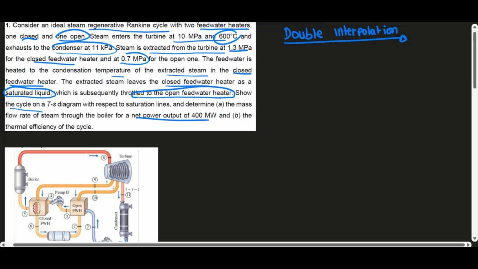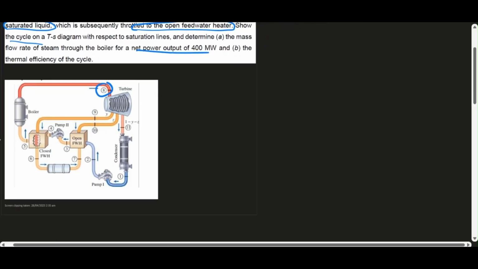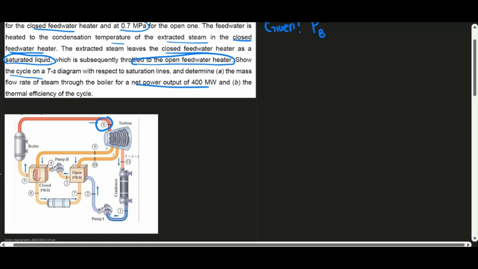Okay, from the data we are given, that steam enters the turbine at 10 megapascal. So at that point it's 10 megapascal, and what else?